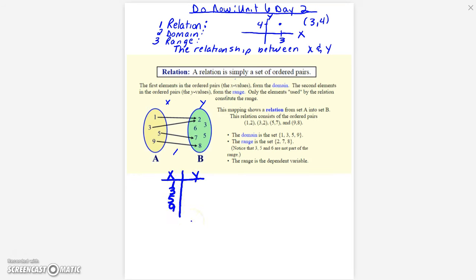And the y value that matches the 1 is 2. And the y value that matches the 3 is also 2. So I have to put 2 twice there on the y side. The 5 goes to 7. Oh, my 7 looks funny. Goes to 7. And the 9 goes to 8.